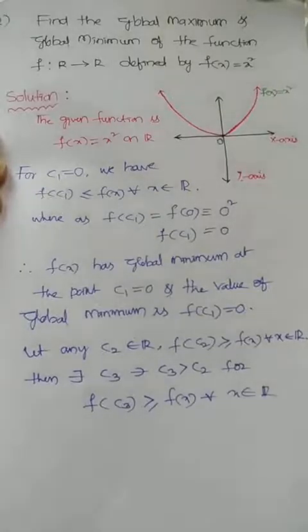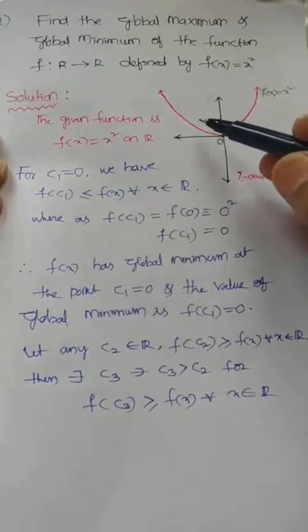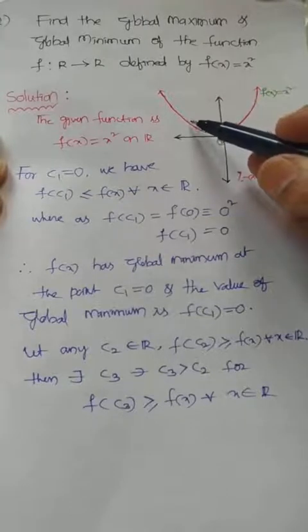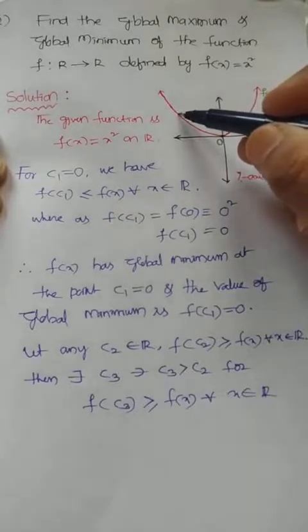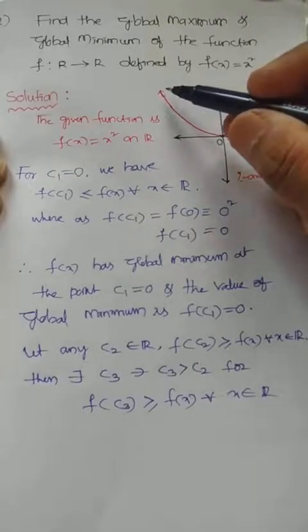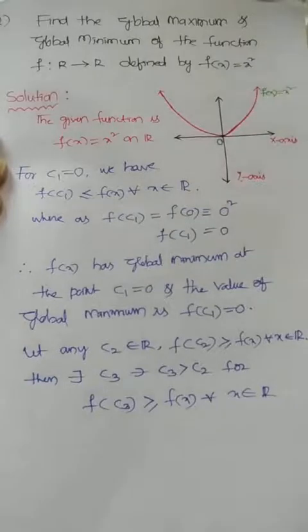It means that if you have taken a c2 here, which is greater than or equal to f of x as chosen from the real number system, then there may be a c3 also, there may be a c4 also, like that. So there may be many more global maximum points. If you consider a point as the global maximum, there exists one more for it.